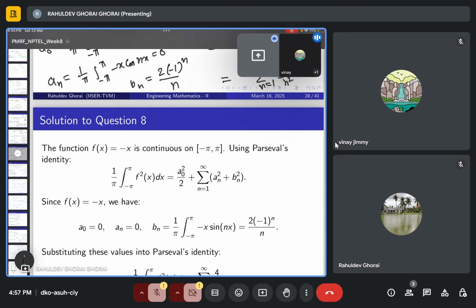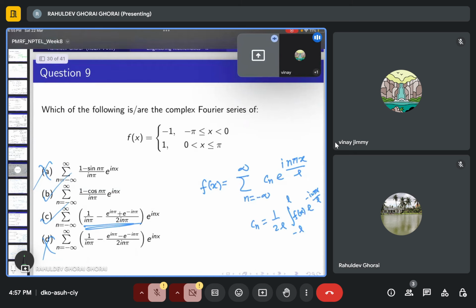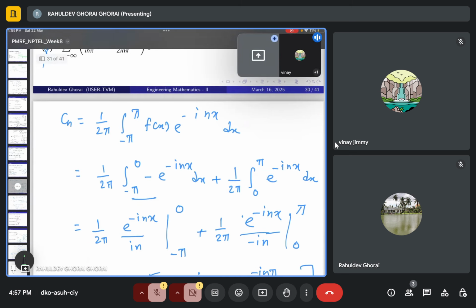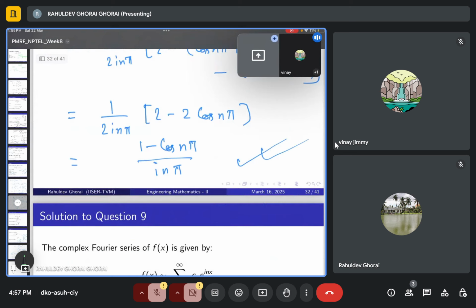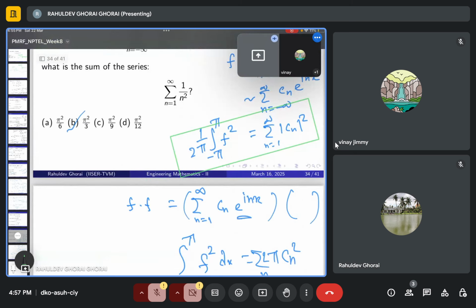When you take f square, that will mainly come as a n square plus b n square, the coefficient square. Here it is a complex representation of the Fourier series. So there you will see 2 pi will come instead of 1 over pi. That's the difference. Otherwise, it's the same.